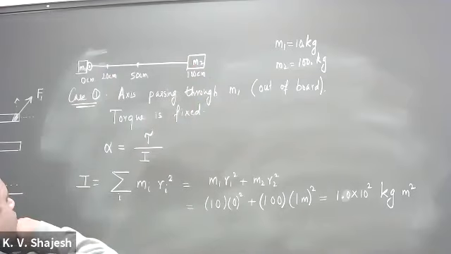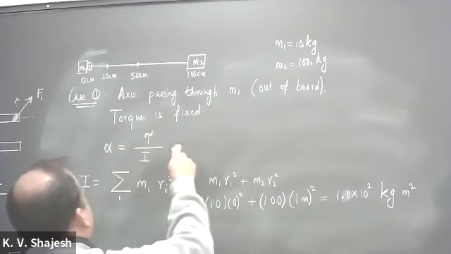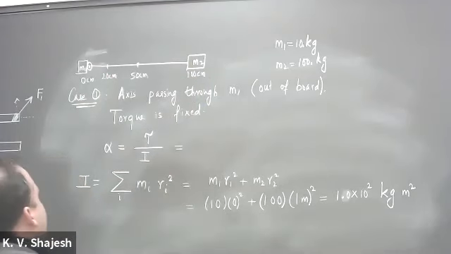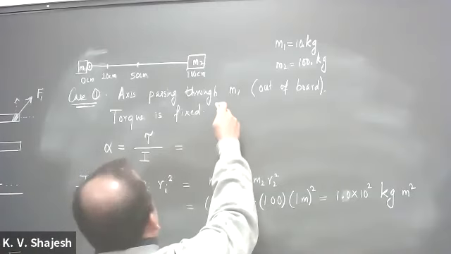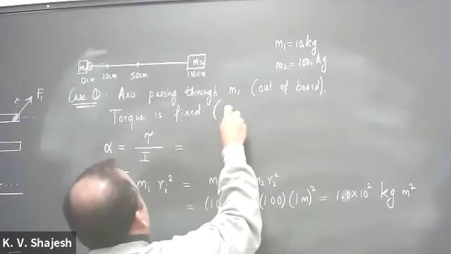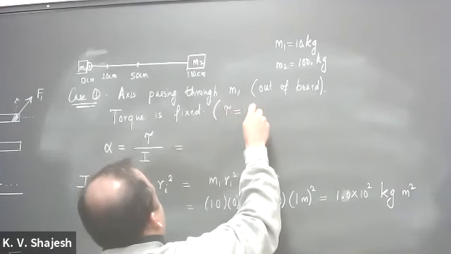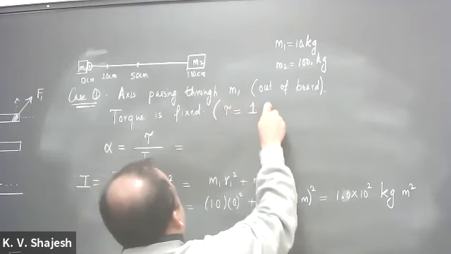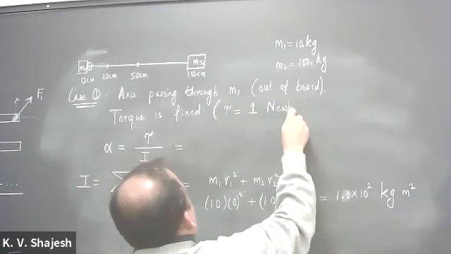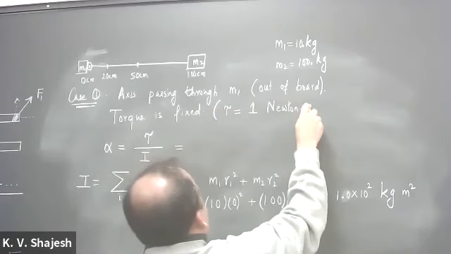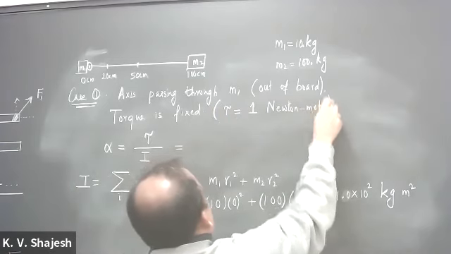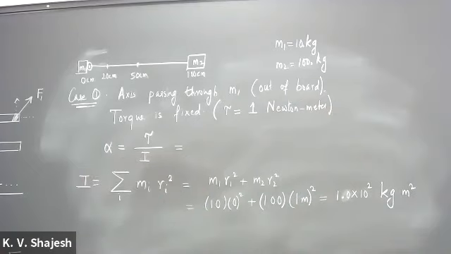So that was case 1, and I should also calculate alpha. So before I proceed, let me calculate the angular acceleration. Let's say torque is fixed, so let's say torque is equal to 1. I just keep it 1 Newton meter. Torque is force times distance, and there's a sine of the angle between the distance from the axis and the force itself.